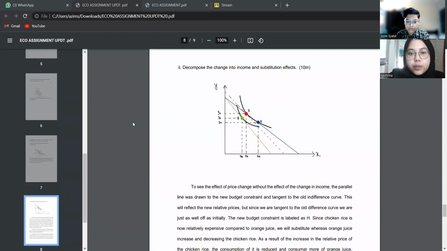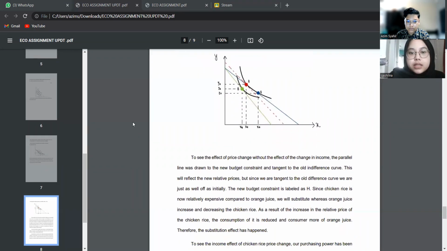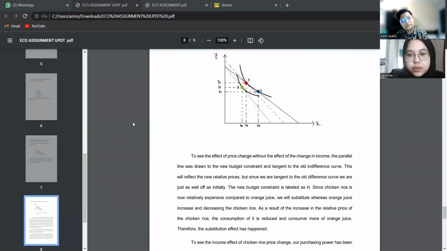When we decompose the change into income and substitution effects, firstly, to see the effect of price change without the effect of the change in income, a parallel line is drawn to the new budget constraint and tangent to the old indifference curve. This will reflect the new relative prices, but since we are tangent to the old indifference curve, we are just as well off as initially.